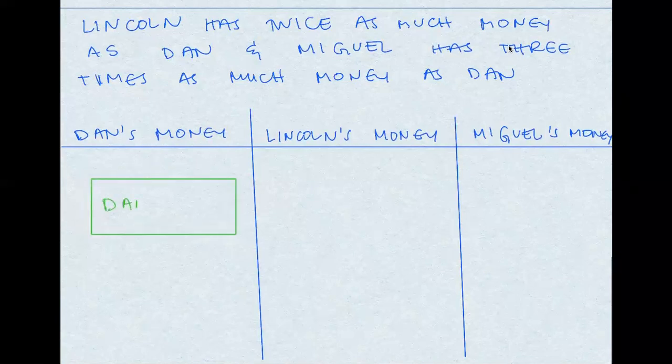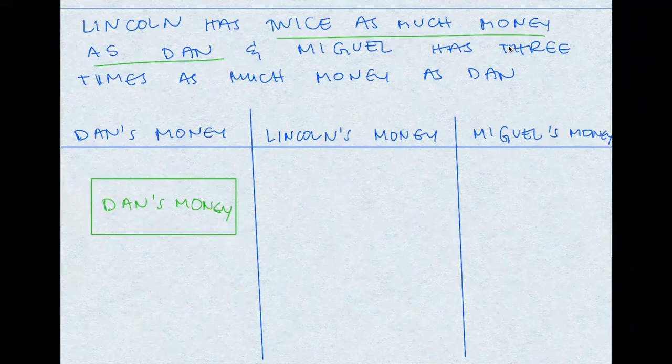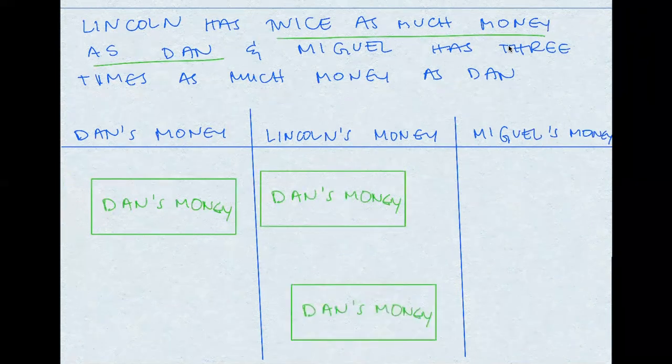Dan's money, just some arbitrary amount. I don't even know yet. But I know that Lincoln has twice as much money as Dan. So I'll take Dan's money and give Lincoln 2 of them.